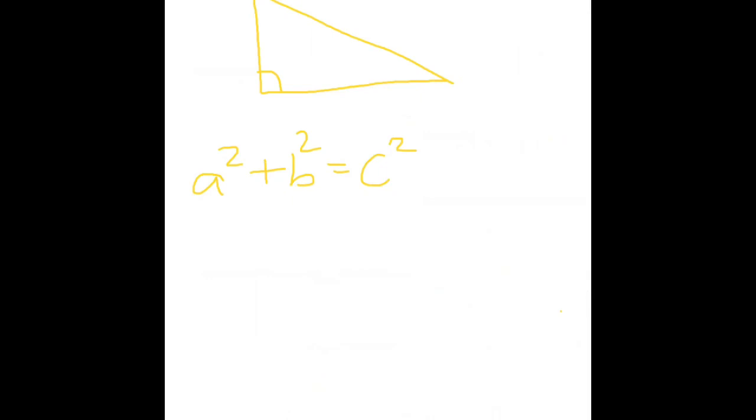Let's look at one where we're looking for c. And I have 7 here and I have 4 here. 4 squared plus 7 squared equals c squared. 16 plus 49 equals c squared.